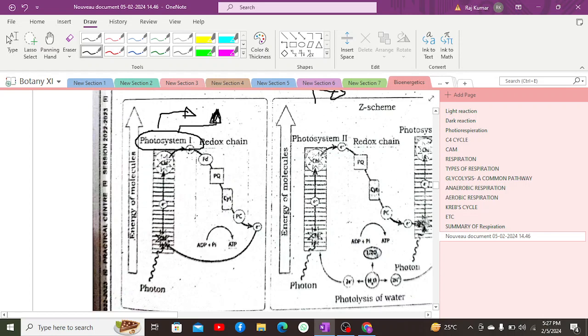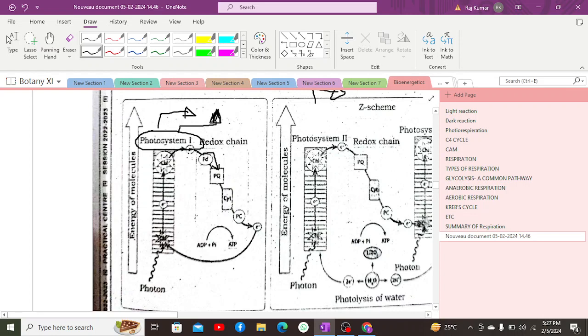Now here, as you can see, light is absorbed by the auxiliary pigments, and then the reaction center loses its two electrons. These two electrons are given towards the ferredoxin, and instead of transferring them towards the NADP reductase, it transfers them towards the plastoquinone, due to which it becomes plastoquinol.